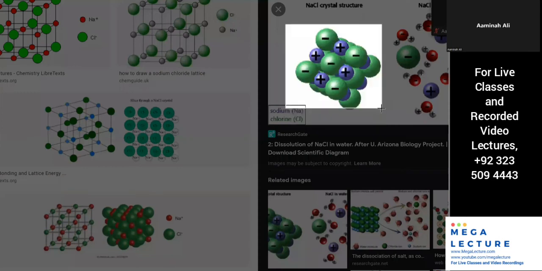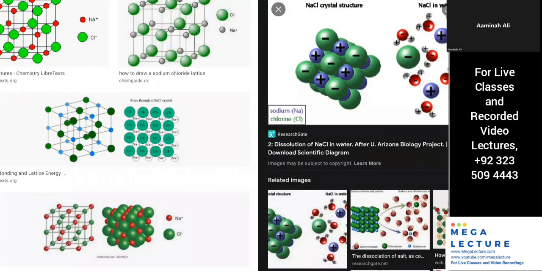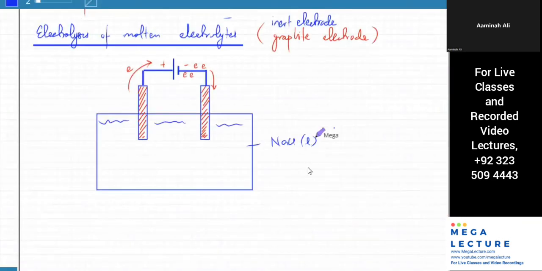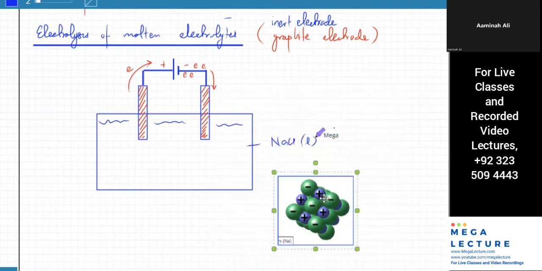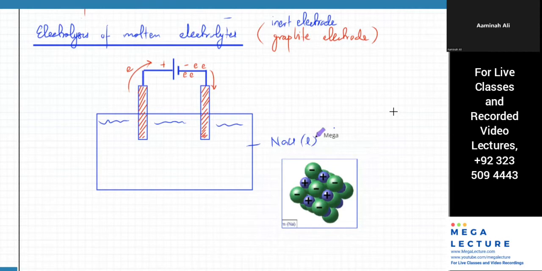It's a bunch of positive and negative ions all sticking together, right? That's what NaCl is. But once you melt it, that means the particles are energetic. They're no longer sticking together. So in molten form, the Na+1 and the Cl-1 would all be roaming around.